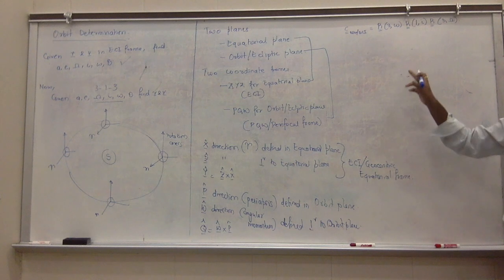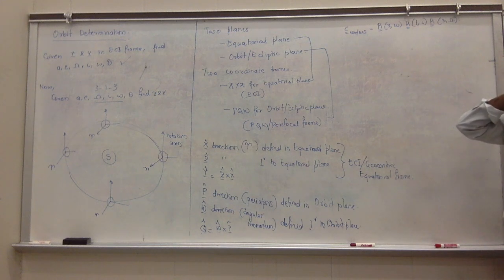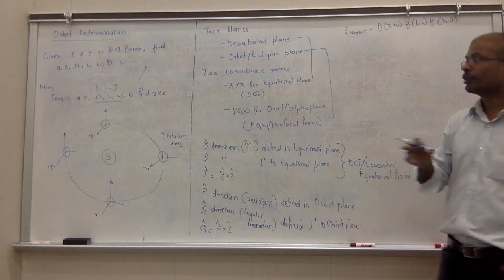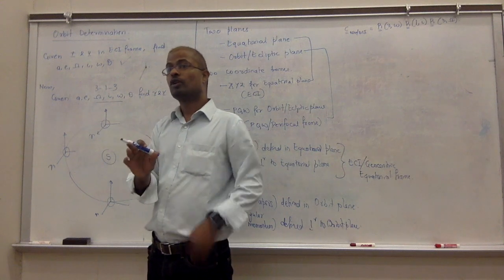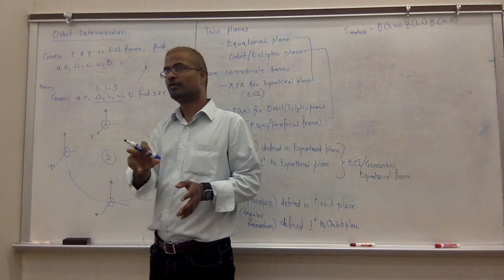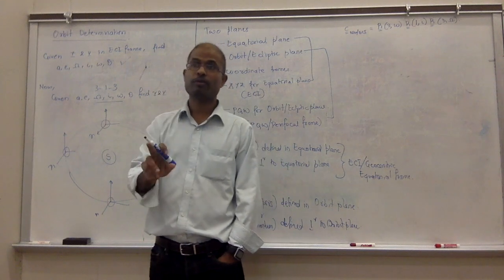Does the name for the orbital frame change, or whatever frame you're in at that time becomes the orbital frame? No, that is not the orbital frame. When you do the second rotation, you're still not in the orbital frame. You're in the orbital plane, but you're not in the PQW frame yet.